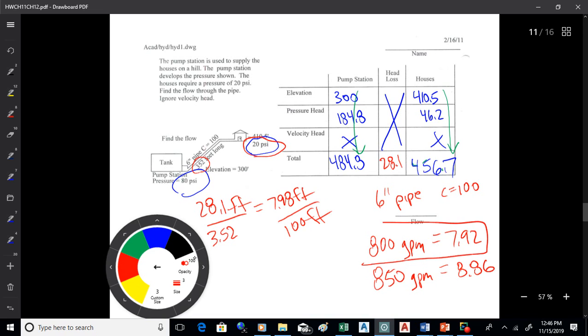Well, that's close enough right there. I think you could call that 800 gallons per minute. Okay. So what we're doing there is we're looking at the allowable head loss that can occur. So you doing all right with that? Yeah. Okay.